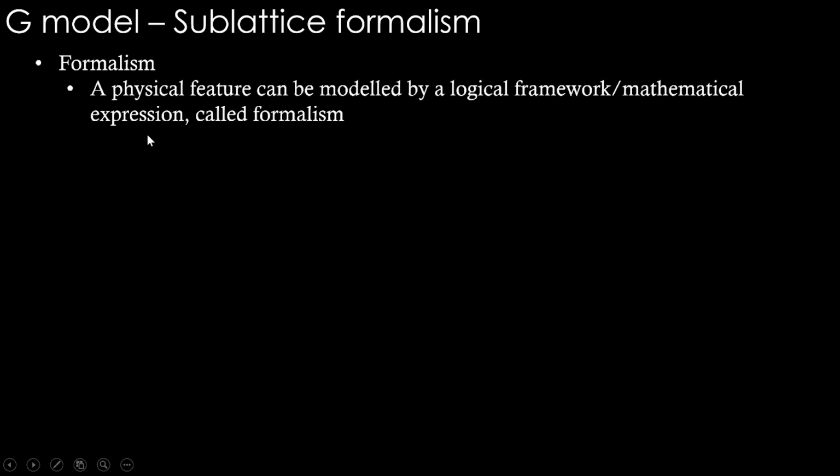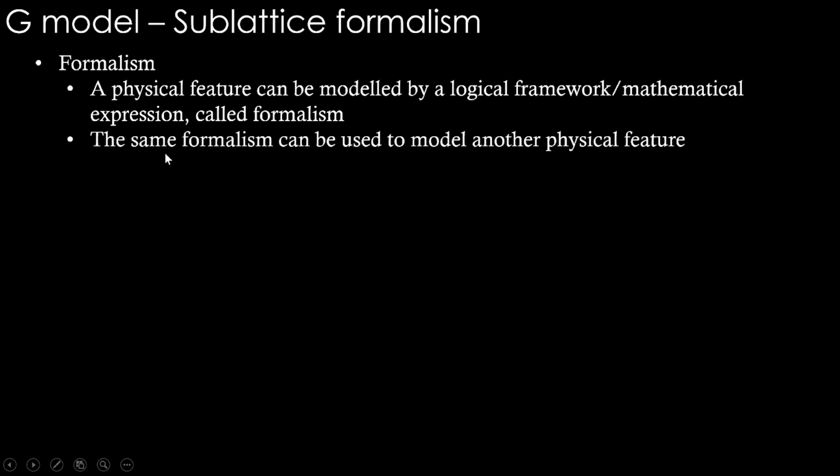Right. So now what does this word formalism mean? This should have been my first introduction slide about sublattice formalism. I am putting it here because now you understand what this is. So the sentences I put here will make much better sense. A physical feature can be modeled by a logical framework or mathematical expression called formalism. And the same formalism can be used to model another physical feature.